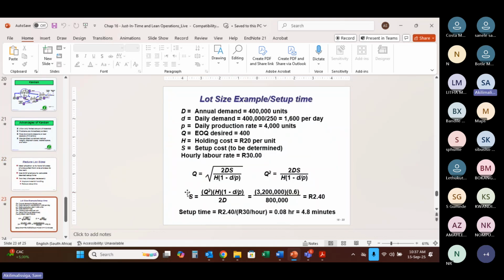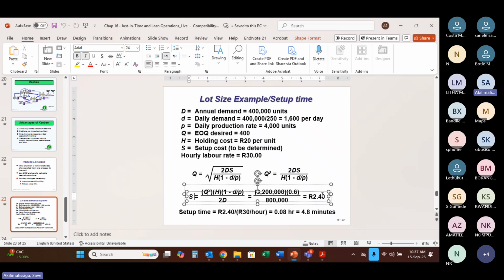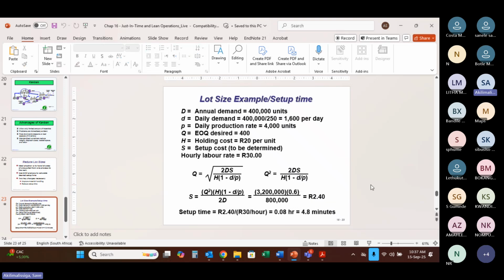This is the setup cost formula that we are going to use to answer the question. That is straightforward, meaning the only thing you need to do is identify the different variables that you are going to use in order to apply the formula.